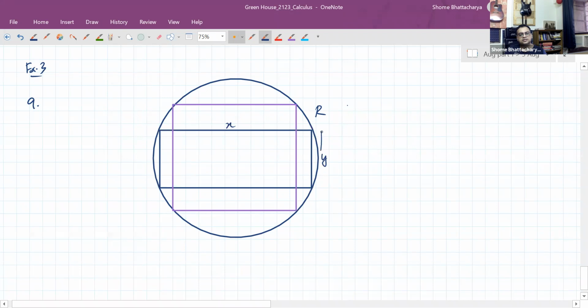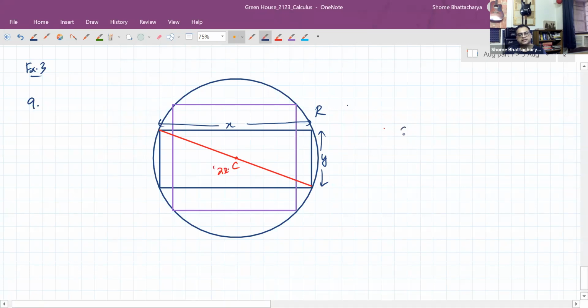So let's take in general this to be x and y. Okay. So the hypotenuse of this right angle triangle formed by x and y, or you can say the diagonal of the rectangle, is nothing but the diameter of the circle. So this will be 2r.